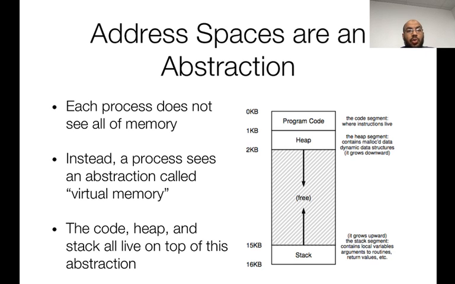This is what we are going to study in this lecture and the next lecture: how do you provide this abstraction, this virtual memory space, to the process? The code, heap, and stack all live on top of this abstraction. The program thinks it is running on the real memory. It is actually stored on the real memory, but it does not know the address. If you try to get the memory address of a process via the process, not via the kernel, you will get a virtual address.